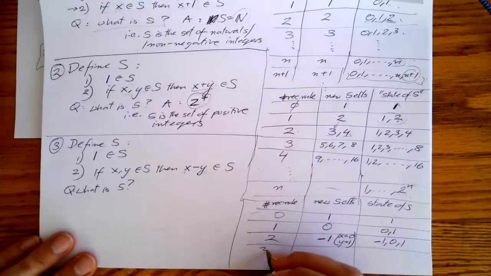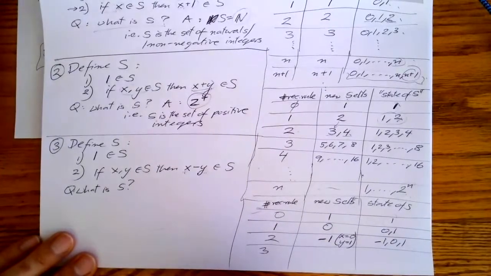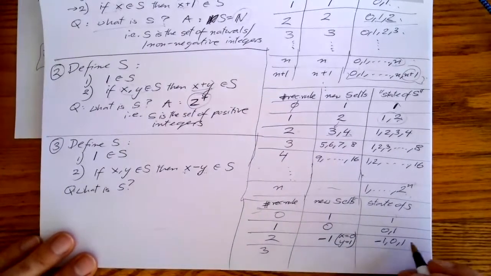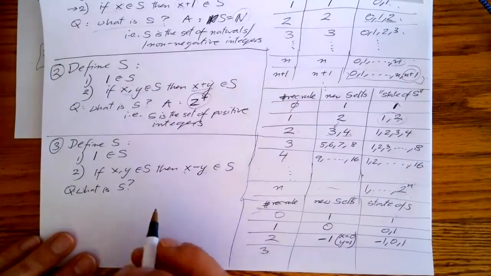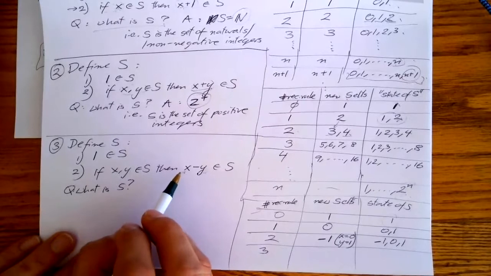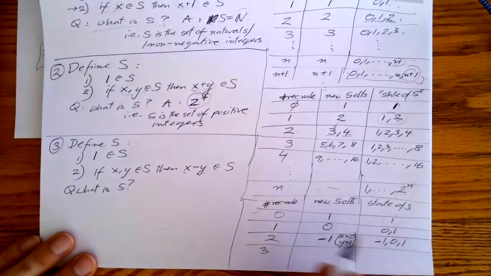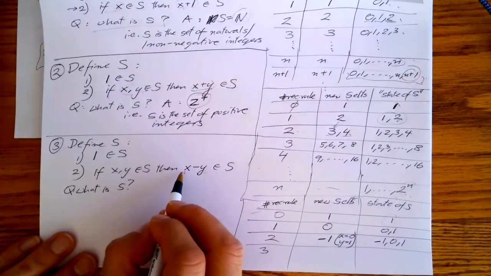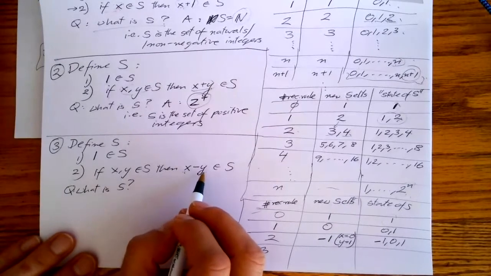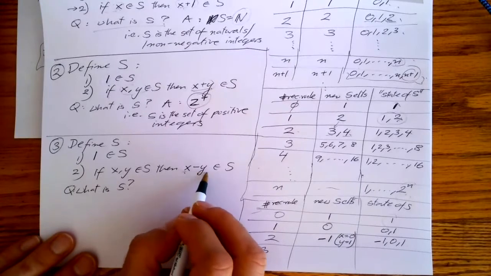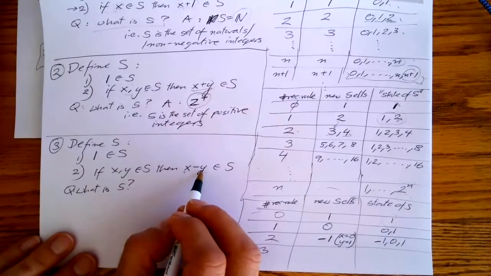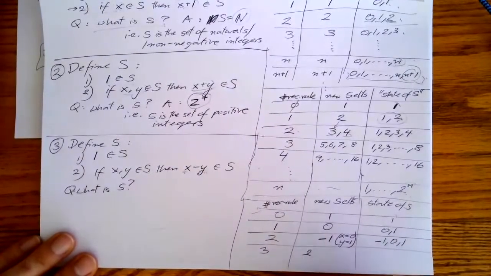What about one more time? Now x and y range over this. What new thing can you add? Let's try to make x maximum and y minimum. If x is 1 and y is -1, then what you added is 2.